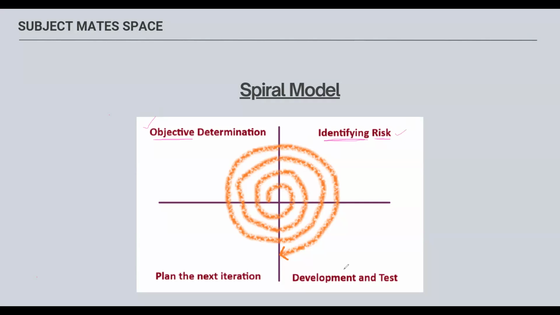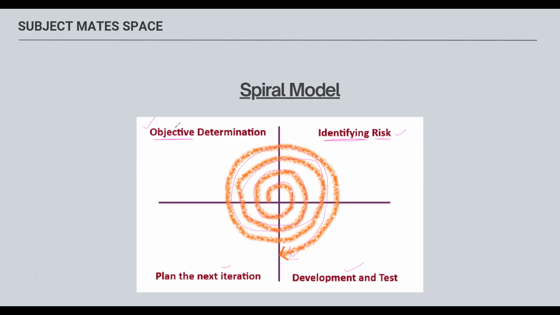Then comes development and testing. We develop and test, and then again we plan the next iteration. So it starts from objective determination, then identifying risk, then development and testing, then planning the next iteration, and similarly it goes on like this, just like a spiral. Got it? The spiral model is divided into four quarters.